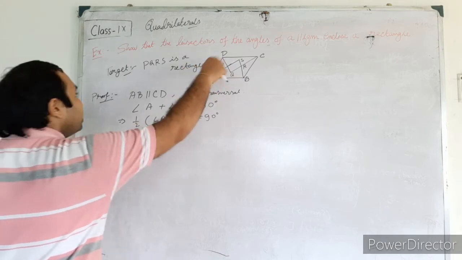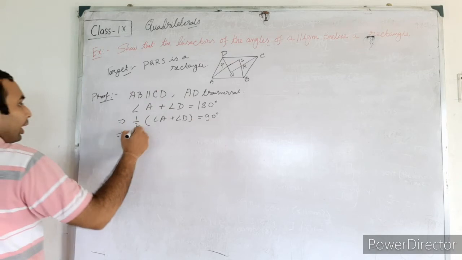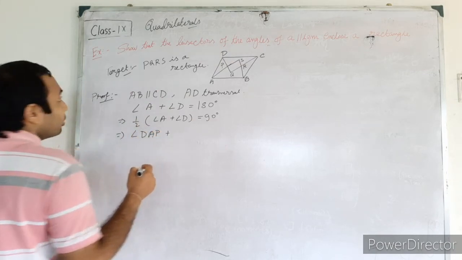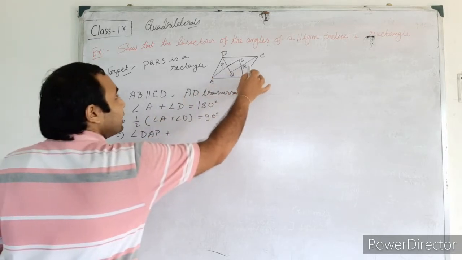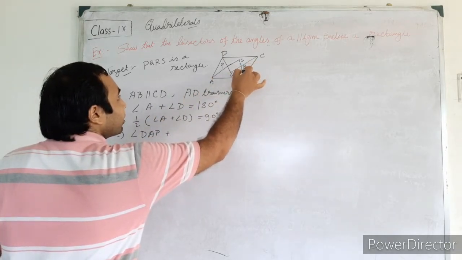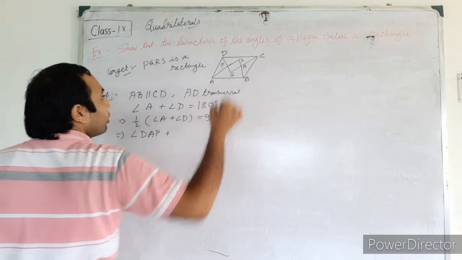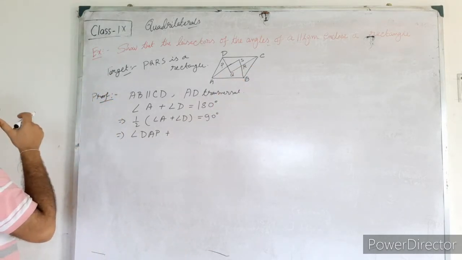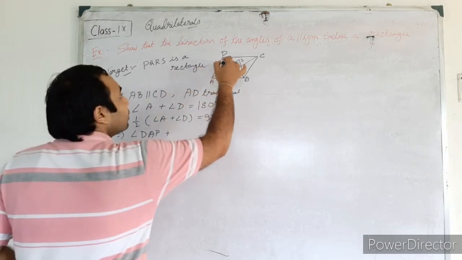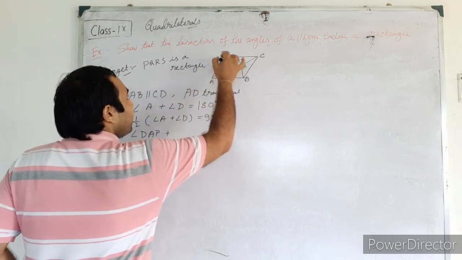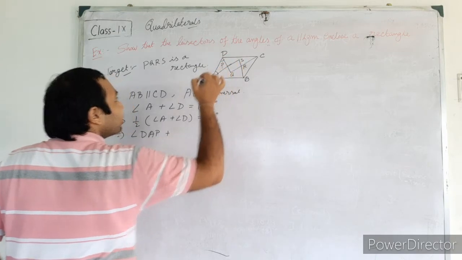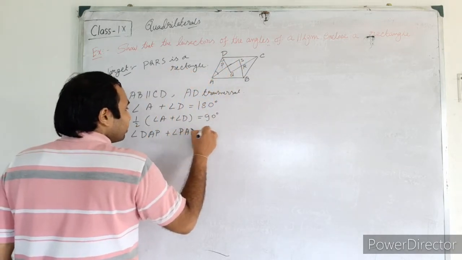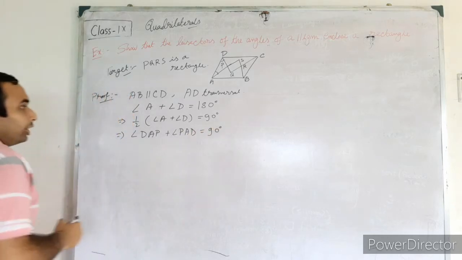That means angle DAP plus angle ADP, those two angles, so angle PAD plus angle ADP is equal to 90 degrees.